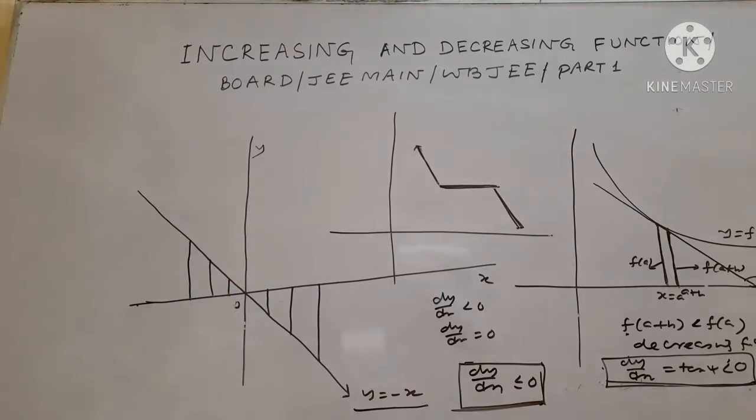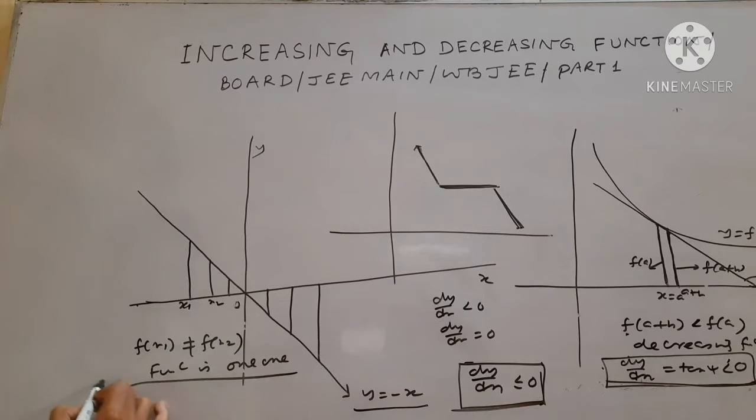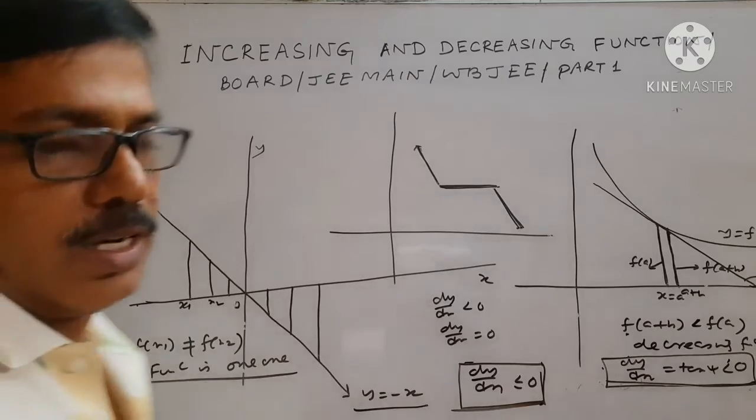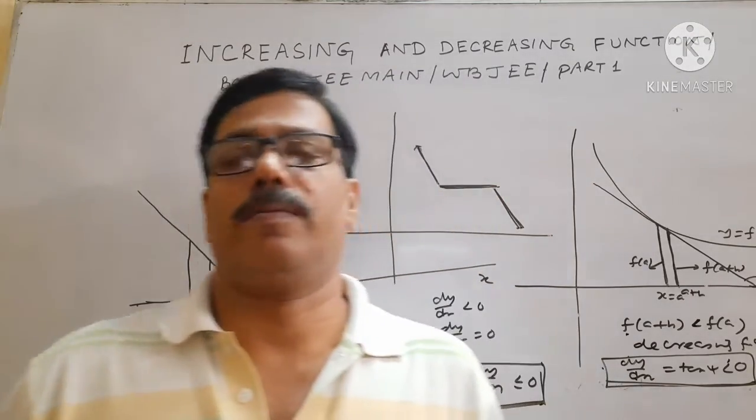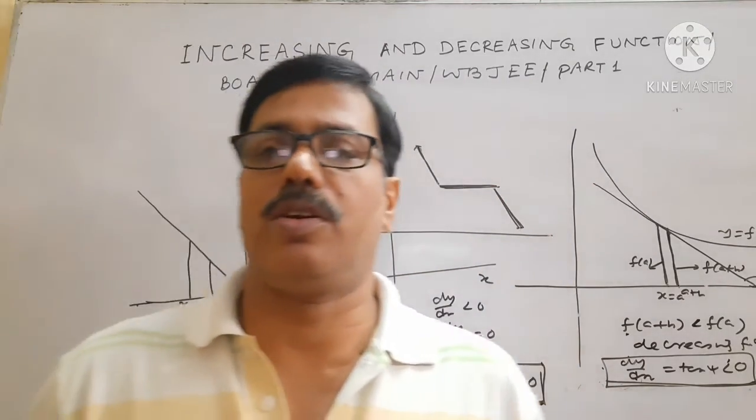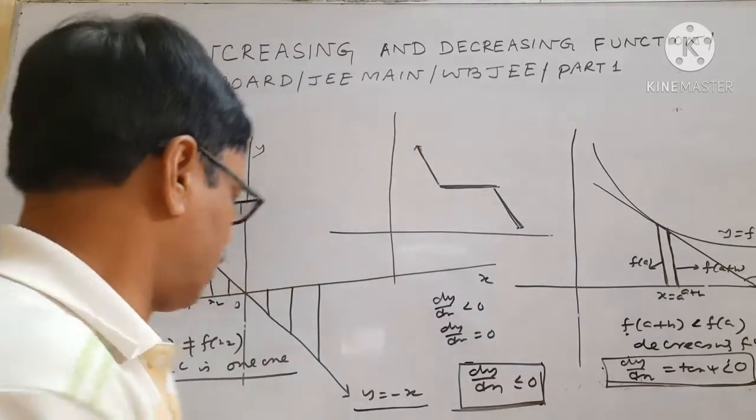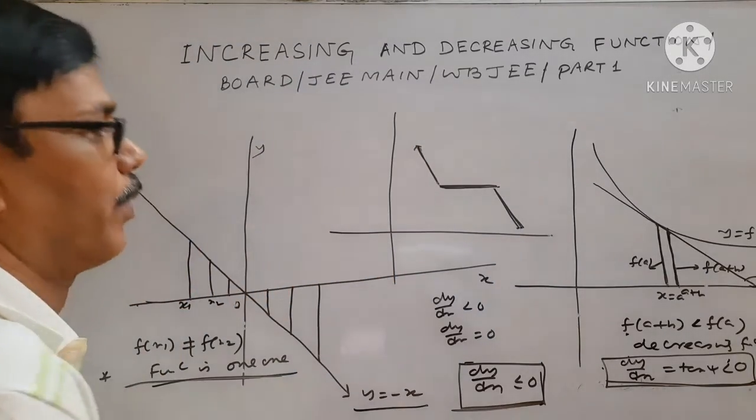Now, for a decreasing function also, look, this is x1, this is x2. So f(x1) not equal to f(x2). So the function is a mapping that is one-one. So this is a useful result: if a function is increasing or decreasing, then the function is one-one.